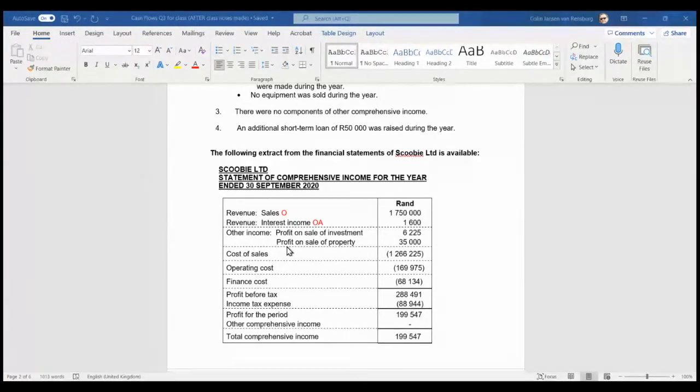So your investments will be part of your investing activities. So any profit or loss on the disposal of that investment will be an investing activity, as most of you have said there. Okay, so let's indicate that as an investing activity.